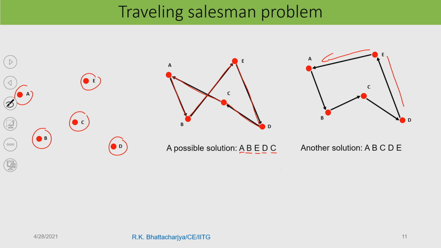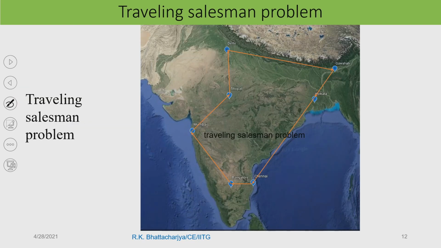There may be some other constraints here, because we can put different constraints like availability of the flight and other transportation modes, and based on those constraints you need to find out an optimal route so that you can visit all these cities for your work. So, this may be an example problem.